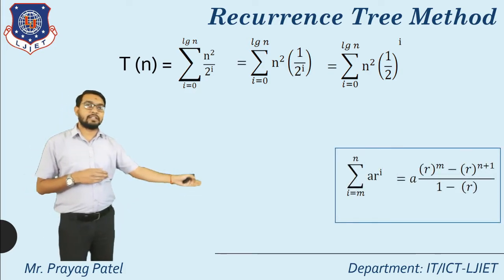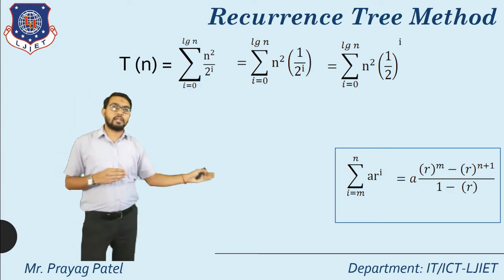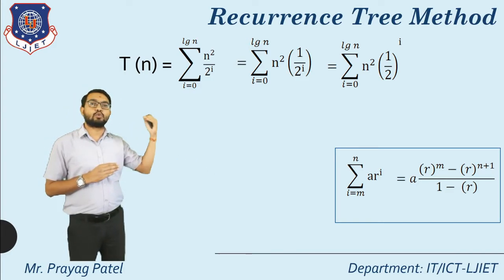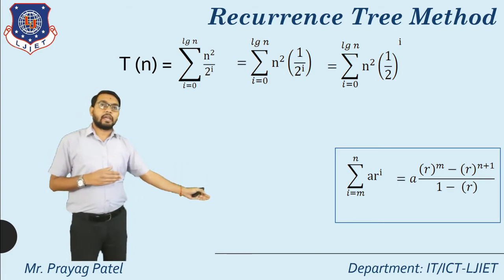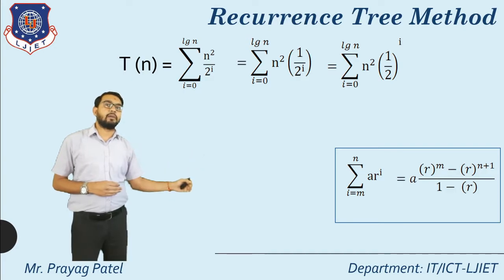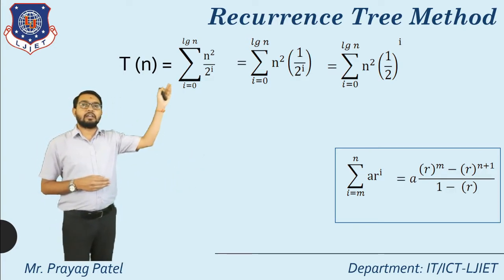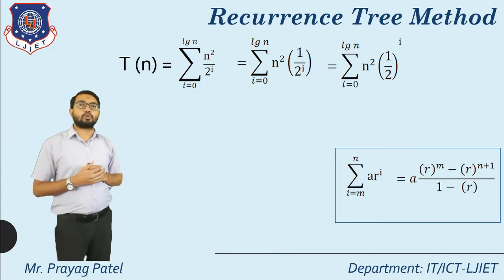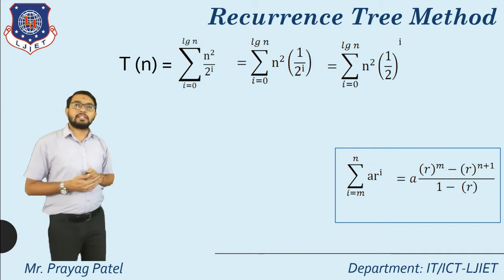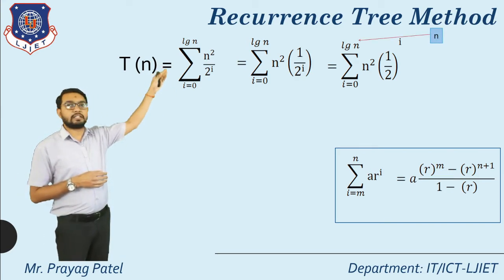Now consider this formula for solving the equation: sigma i equals m to n of a r raised to i equals a times r raised to m minus r raised to n plus 1, divided by 1 minus r. According to this, our equation is sigma i equals 0 to log n of n square times 1 upon 2 raised to i.